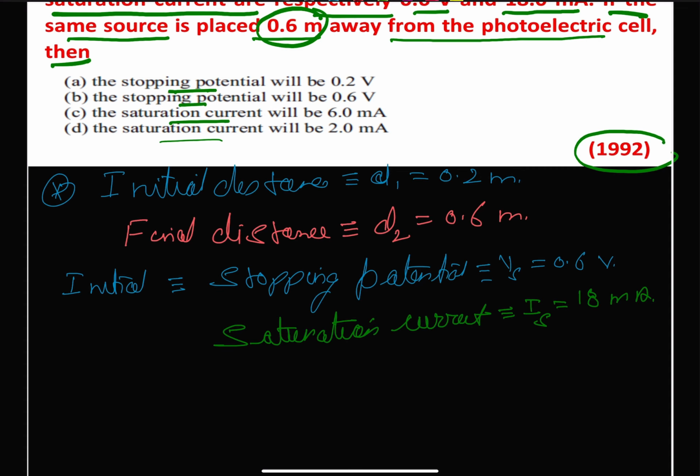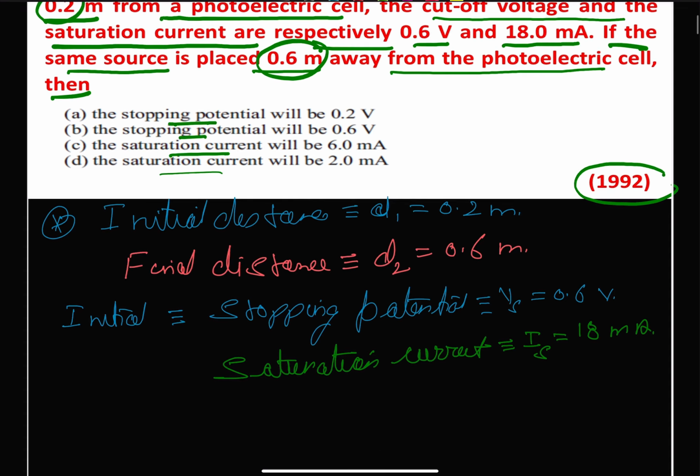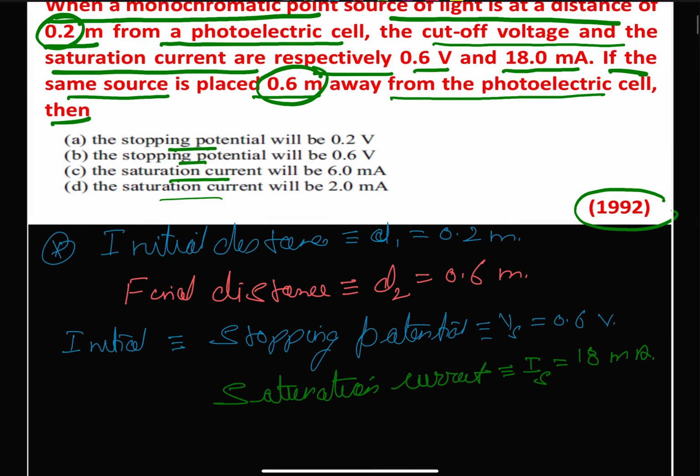So first we are supposed to find out the stopping potential, and in this case the only thing that is varying is our distance, or we can say intensity. But stopping potential is only dependent upon the frequency or energy of the photon.